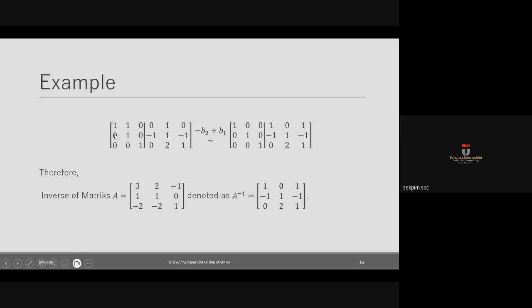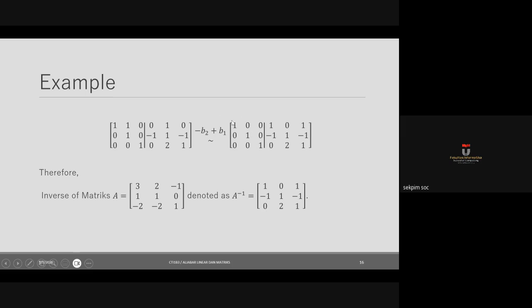So the first row we want to add with minus second row. So 1 minus 0 is still 1. 1 minus 1 is 0, right? 0 minus 0 is 0. 0 minus minus 1 is 1, right? 1 minus 1 is 0. 0 minus minus 1 is 1. So you get this one. And you see that on the left hand side, we have the identity matrix.